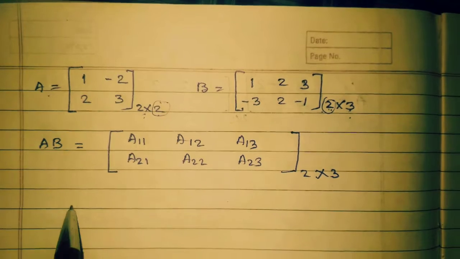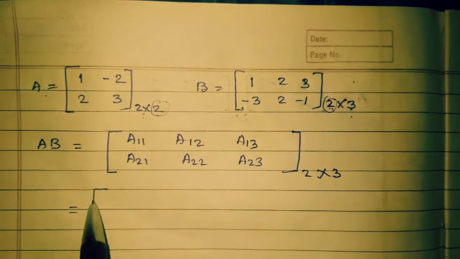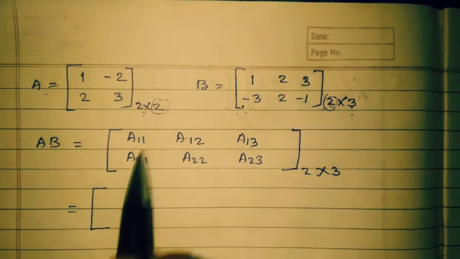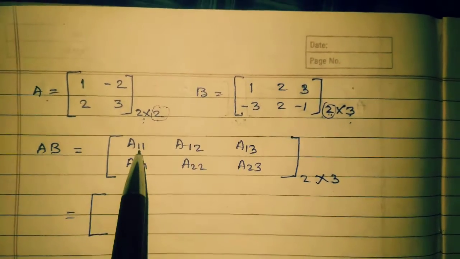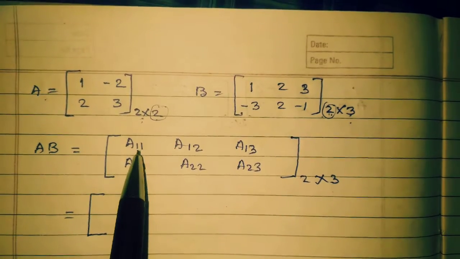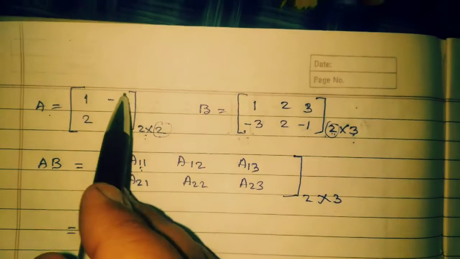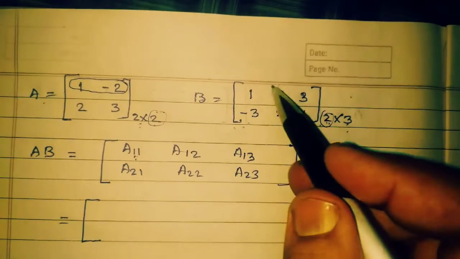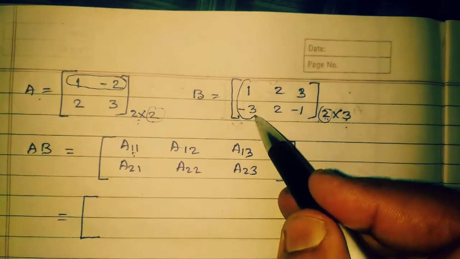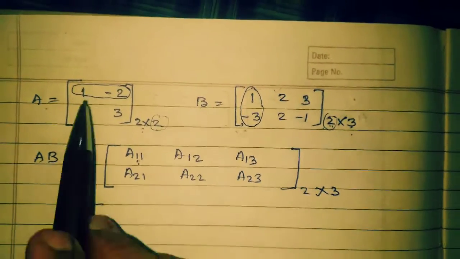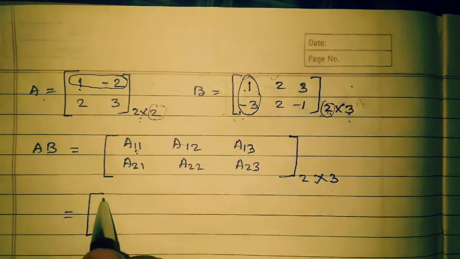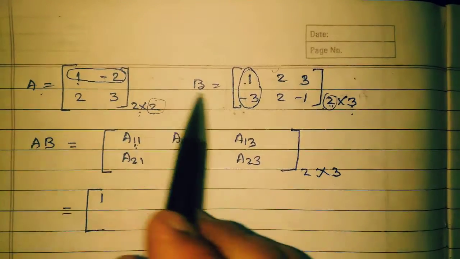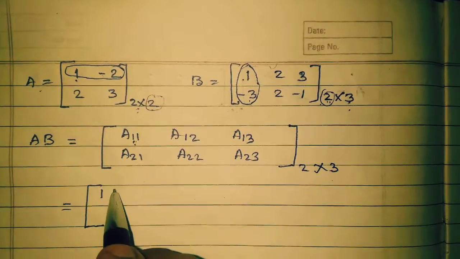See here, how will you multiply this? When you talk about A11, this is the position of first row and first column. So the first row of A and the first column of B you multiply and add each element. So 1 into 1 is 1, and minus 2 into minus 3 will get plus 6.